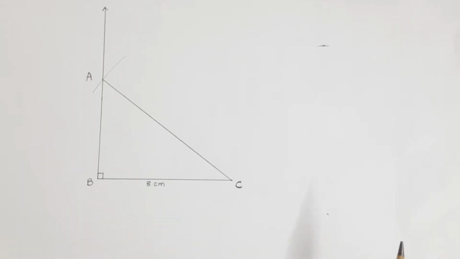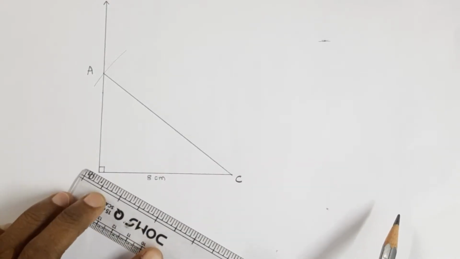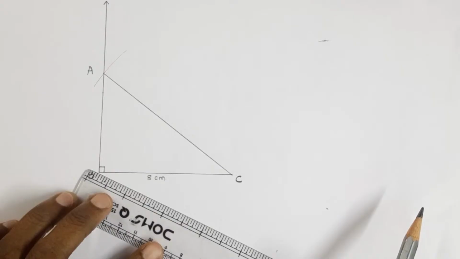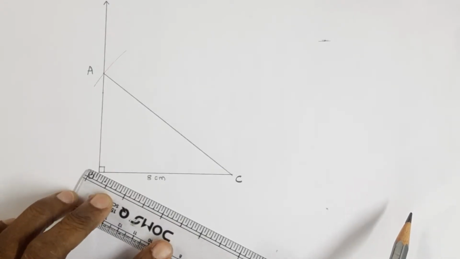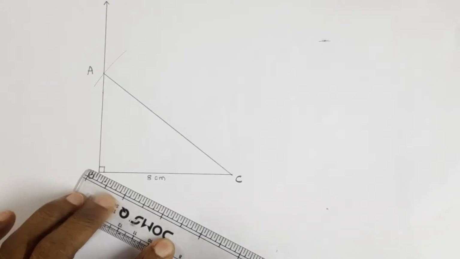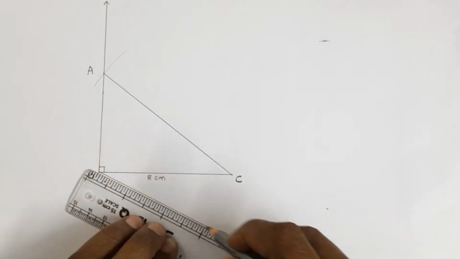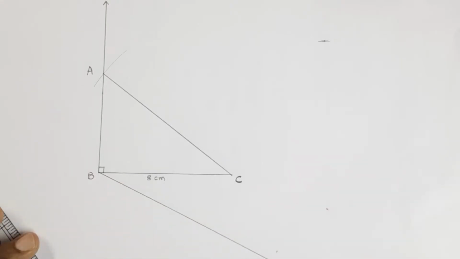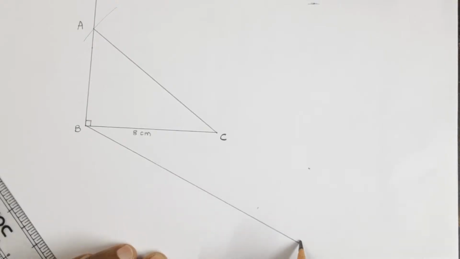So here students, you take any angle here and then make the ray from here students. I make the ray at a suitable angle from point B. Okay, so this way I make a ray at a suitable angle.